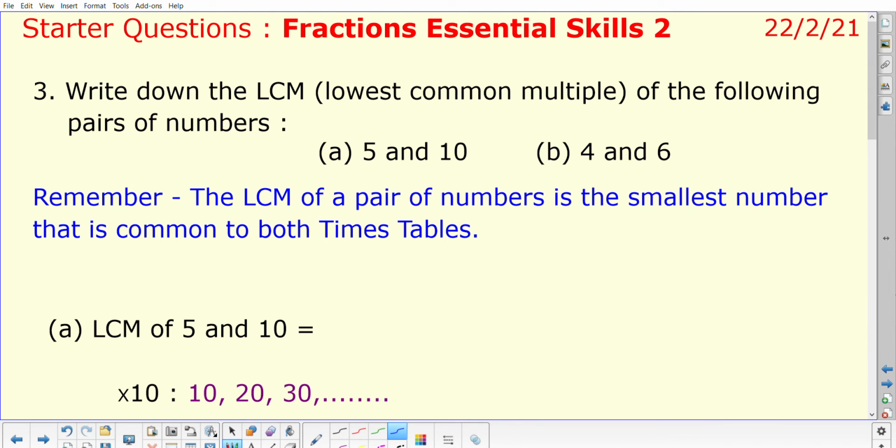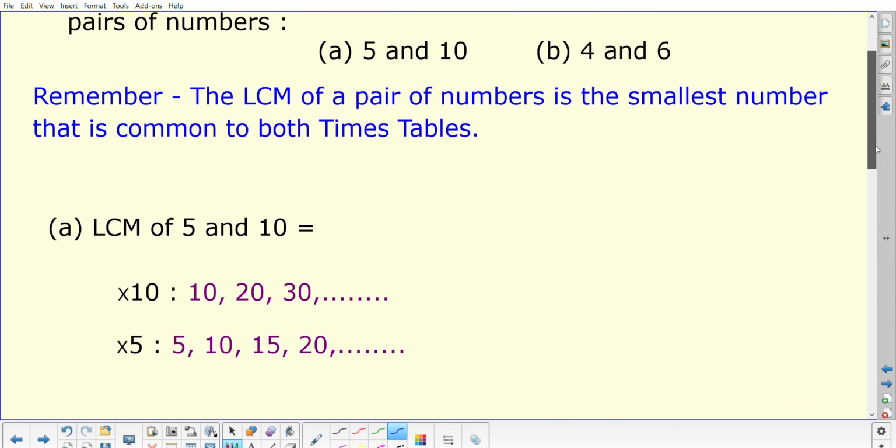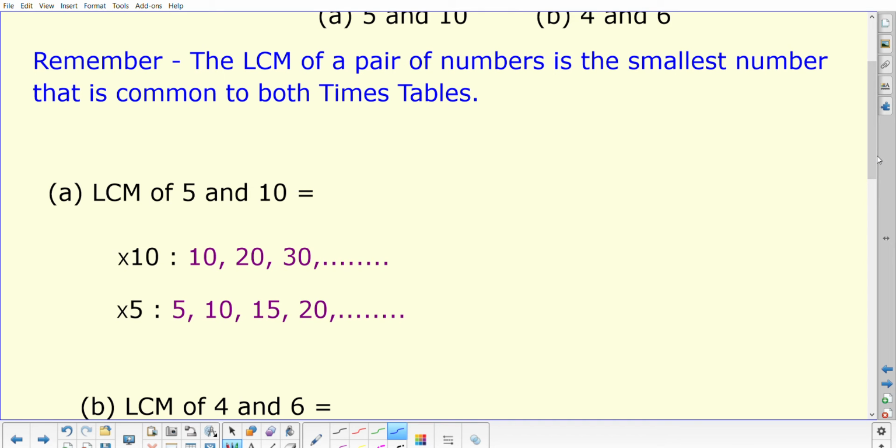Now, one of the other techniques that we use for working with adding and subtracting fractions is we need to think about something called the lowest common multiple, and that's basically the smallest number that is in both the times tables of the numbers that you're comparing. So here, if you were looking for the lowest common multiple of 5 and 10, what's the first number that's in the 5 times table but it's also in the 10 times table?